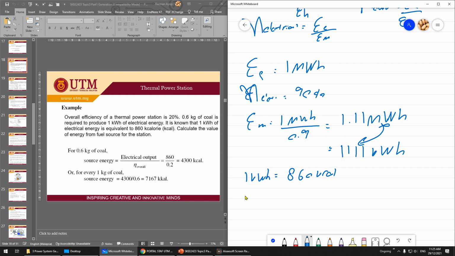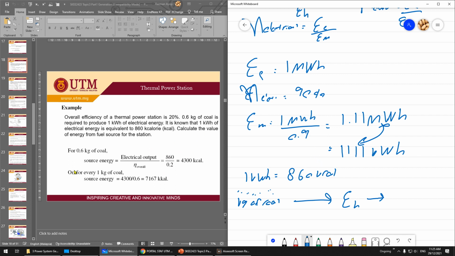You have to convert from how many kilograms of coal to the energy, E heat, and then find maybe the efficiency or the output of the electrical energy.